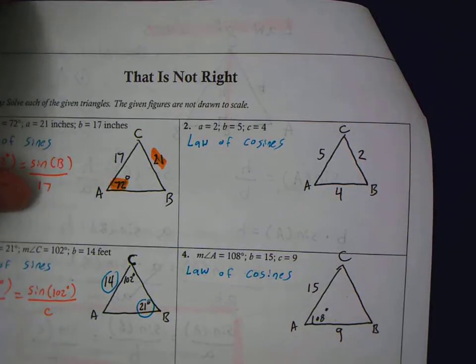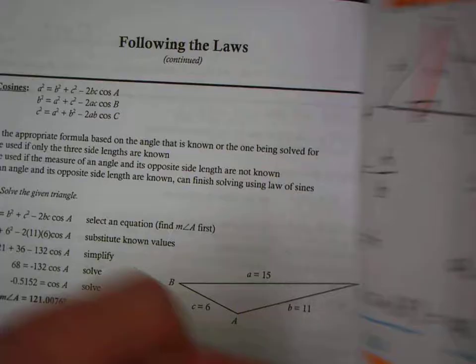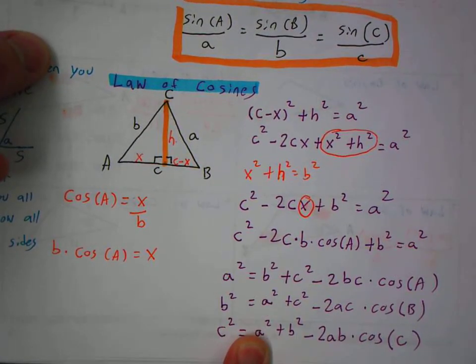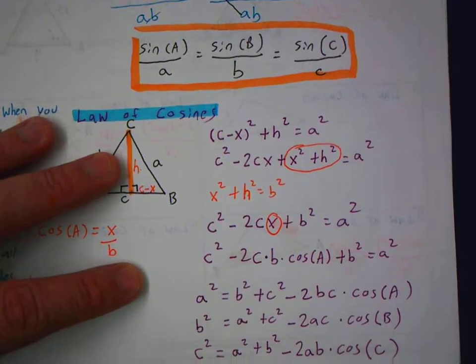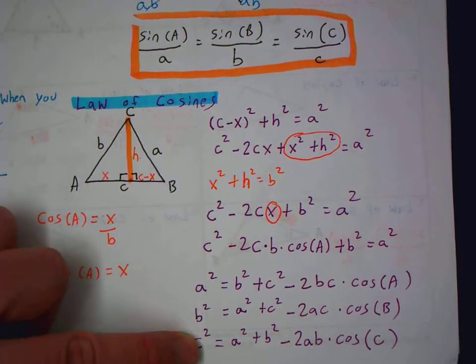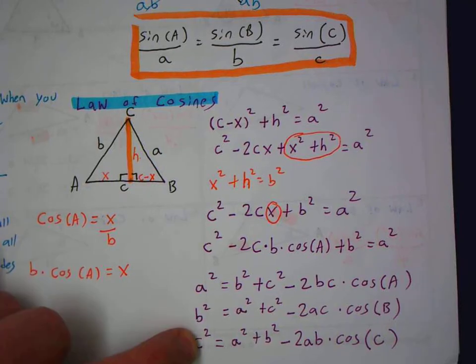Remember, there were three formulas. There was this one, and this one. Because you don't know any angle, it doesn't matter which one you use. Christina, which one do you want to use? Doesn't matter in this case. This one, where it equals a squared plus b squared.